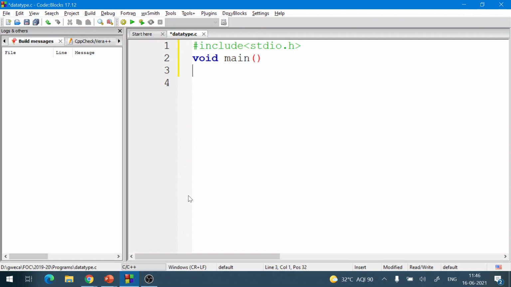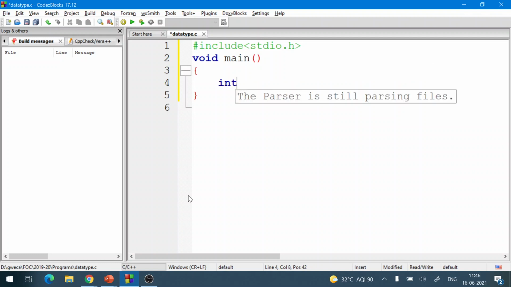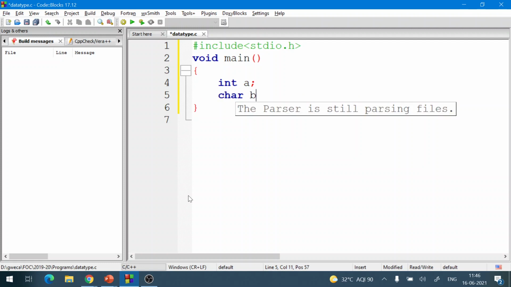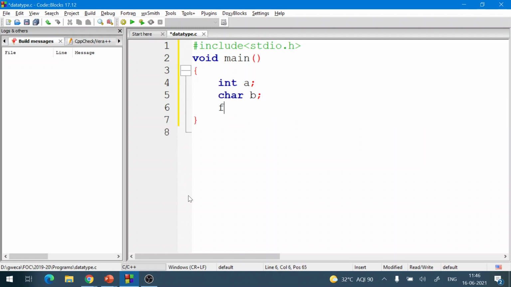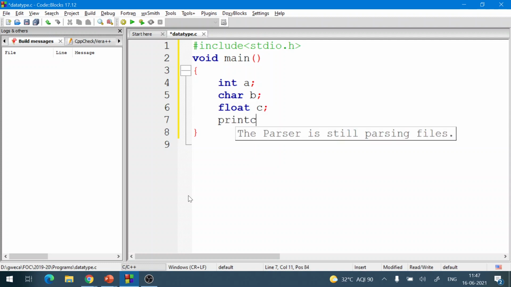Basic data types are integer, so I am taking integer a, character b, and float c. I also told you when we were studying operators that there is an operator called sizeof operator. So let us use that. We want to print three integers with %d.